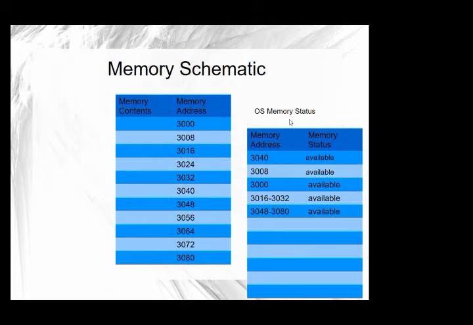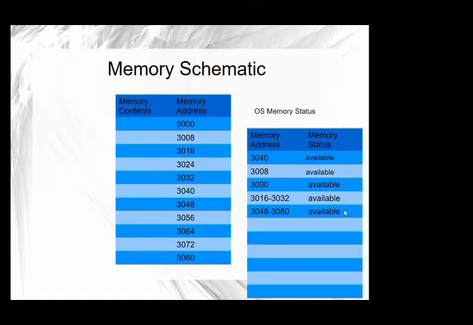And over here on the right side, we have a table of how the operating system works. We all know that the operating system is responsible for memory and other pieces of hardware inside of the computer. One of the jobs of the operating system is to monitor that memory.